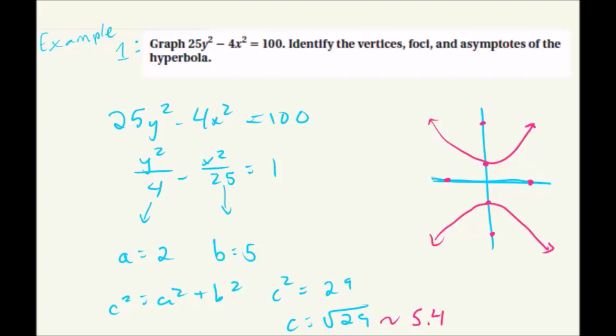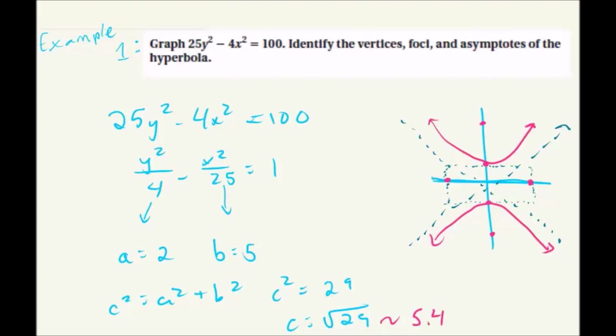To complete it, though, you need to show that there's a box running through the vertices over through b and back down. And there are these asymptotes running through the center, just so we know that it can't cross over.